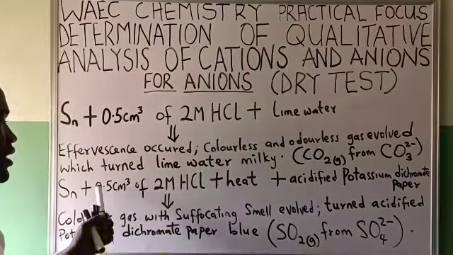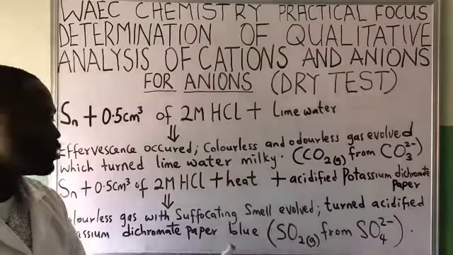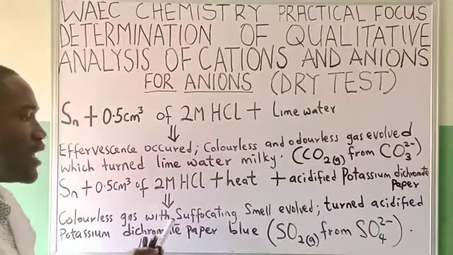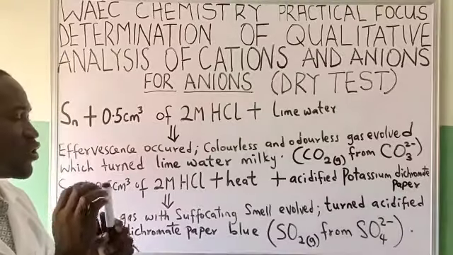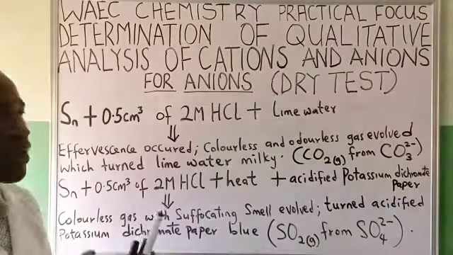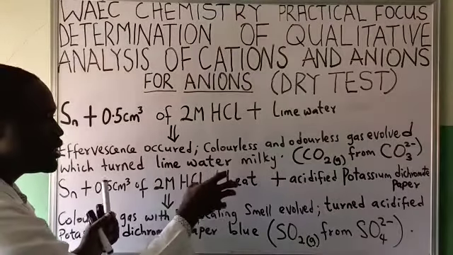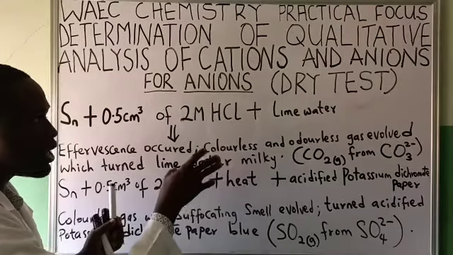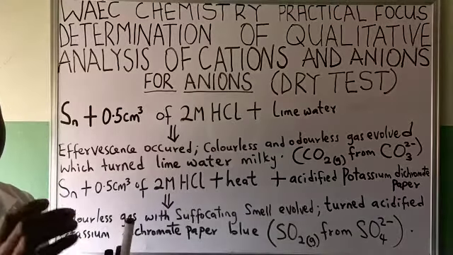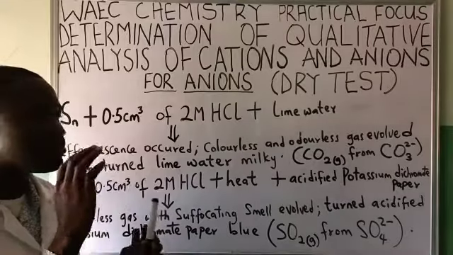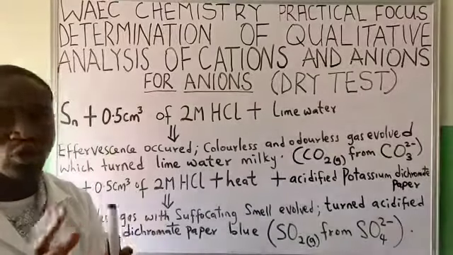Another thing is that this gas SO2 from SO4 always has a suffocating smell. That is why while doing this experiment on anions, it is very important that you take personal safety precautions.